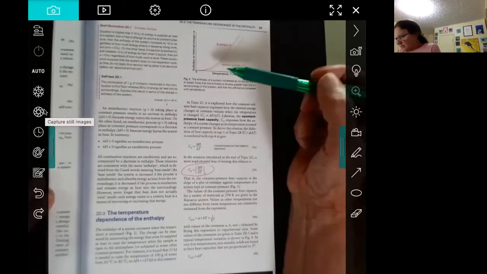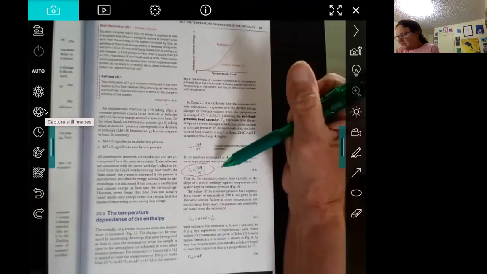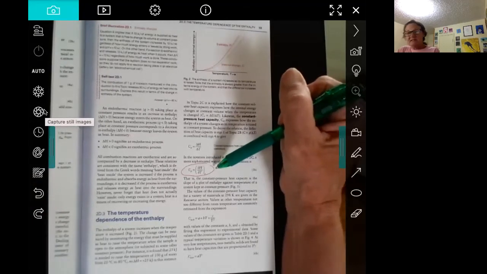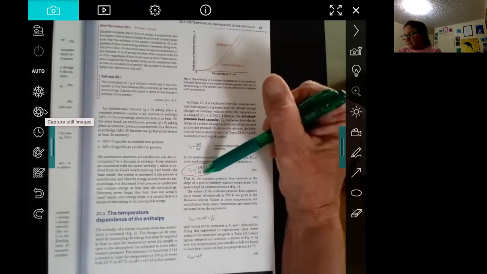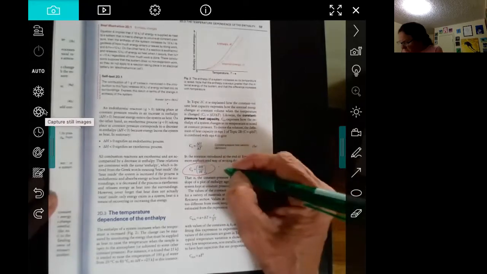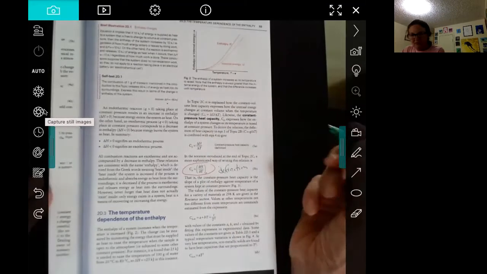So one thing we didn't talk about in Gen Chem is how enthalpy changes with temperature. And it changes with temperature because of this definition. So just like the heat capacity at constant volume was equal to the derivative of internal energy with respect to temperature holding volume constant, the definition, so this is a definition, you can't derive it, you should write it on your note card or a sheet of notes probably.